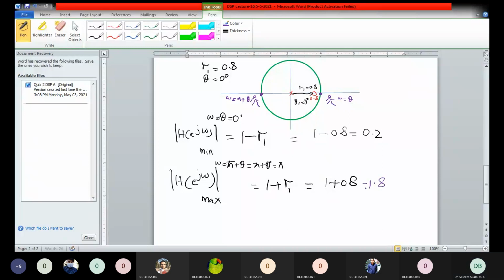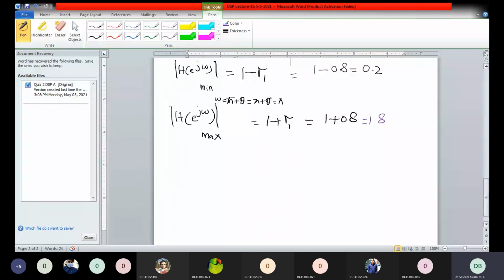So this is equal to 1.8. So based on the same principle, we can have a rough sketch of the magnitude plot. That is, let me draw here. This would be omega versus mod H e to the j omega, and we have 2 values. One is at omega is equal to 0, the other value at omega is equal to pi.